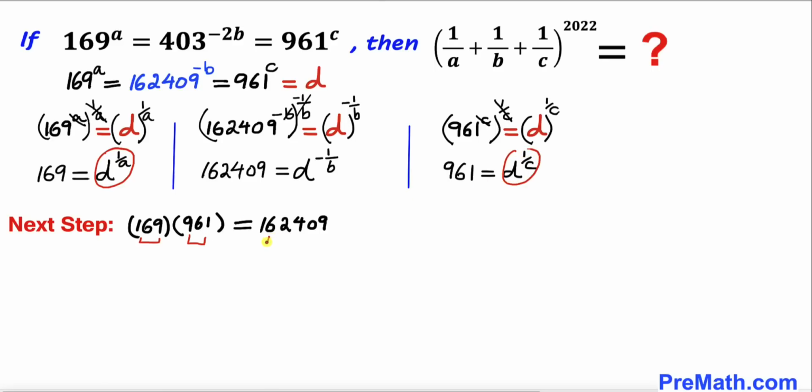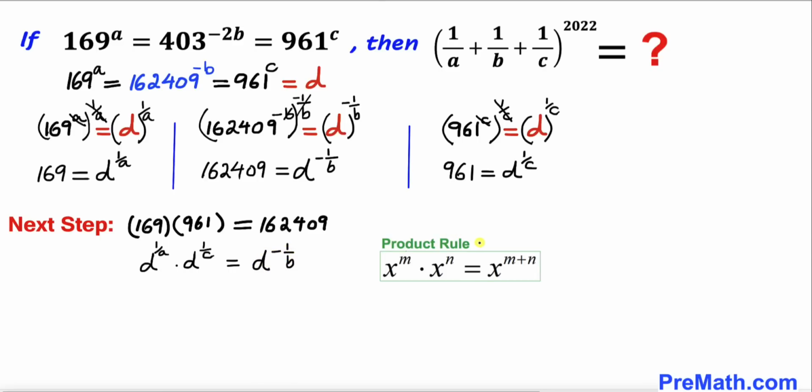On the right hand side, we replace this part by d power negative 1 over b. So we get d power 1 over a times d power 1 over c equals d power negative 1 over b.